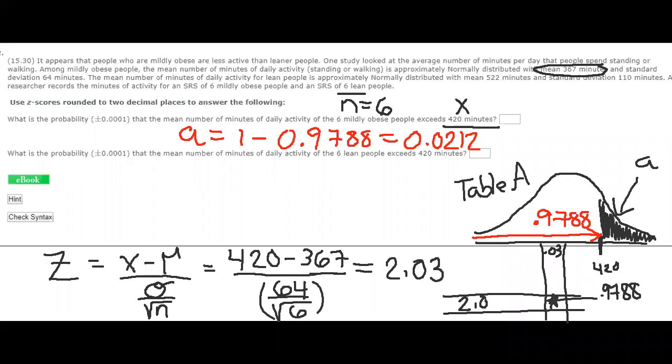What's the probability that the mean number of minutes of daily activity of the 6 mildly obese people exceeds 420 minutes? That's 0.0212.